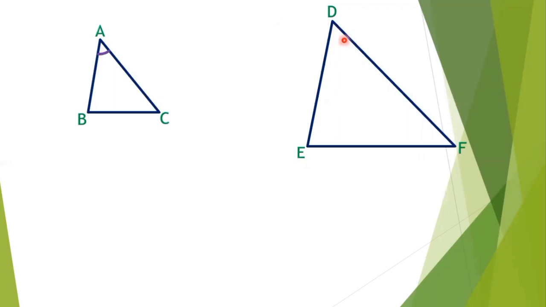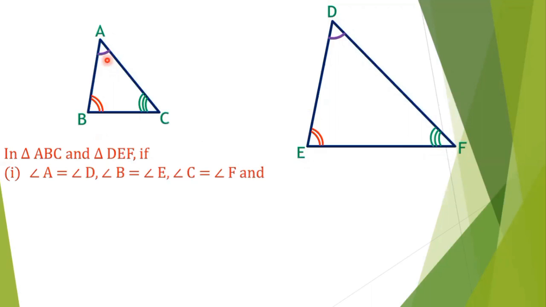In triangle ABC and triangle DEF, angle A is equal to angle D, angle B is equal to angle E, angle C is equal to angle F, and AB by DE is equal to BC by EF is equal to AC by DF.